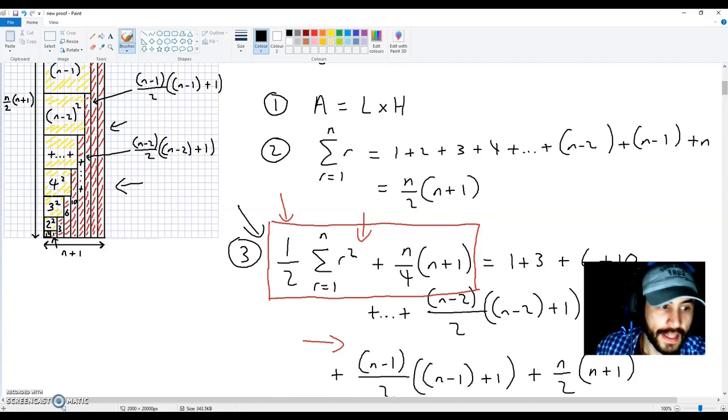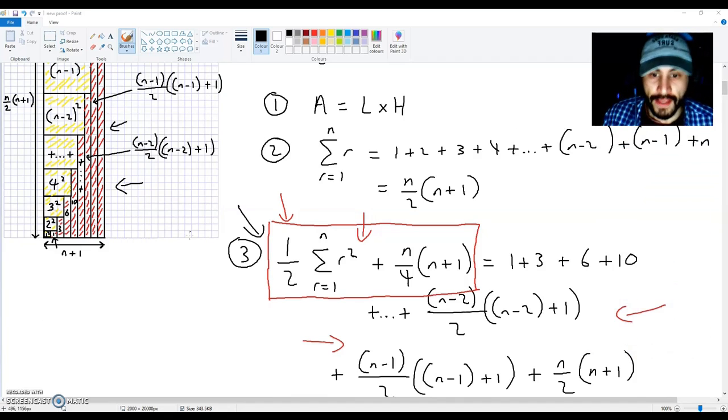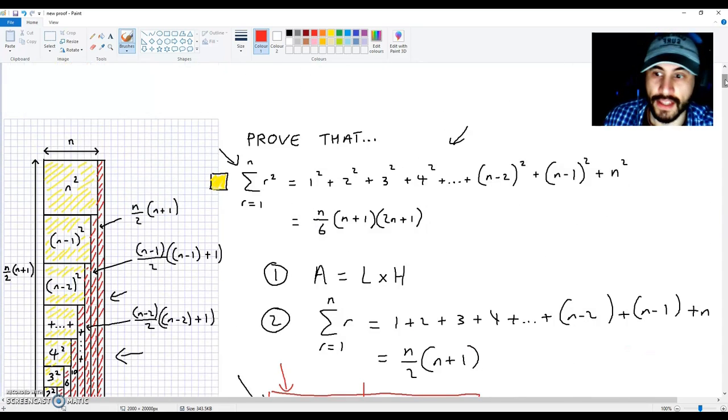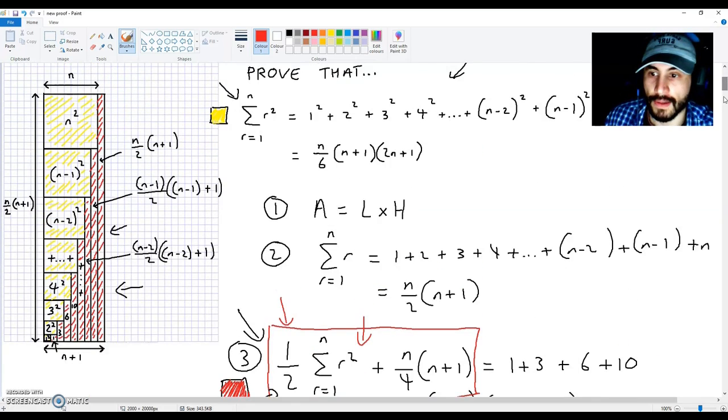It represents this formula over here, which is 1 plus 3 plus 6 plus 10 plus dot dot dot, etc. Therefore, we are going to label it in red, and it represents everything we see in red over here on this rectangle, this diagram that we have. This is very important to know.